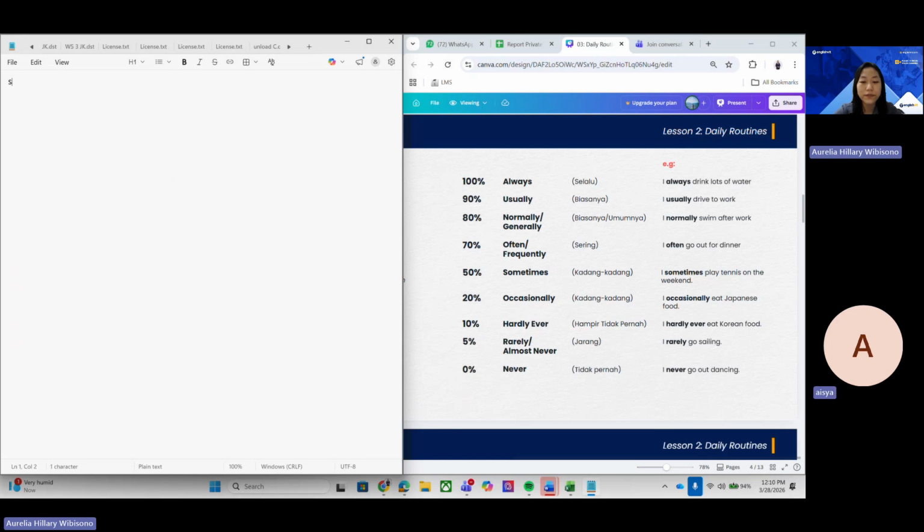For example, dia hampir tidak pernah terlambat datang ke kelas. How do you say it in English? She hardly ever late get to class.